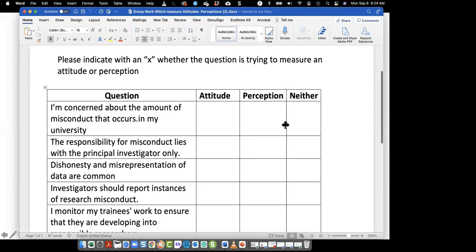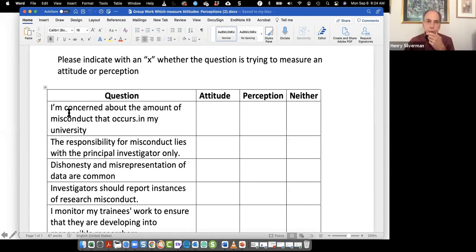Perception, I think. Well, the word concern gives an evaluative component to the question. A perception would have been, there is a lot of misconduct that occurs in my university. That's a very neutral statement.